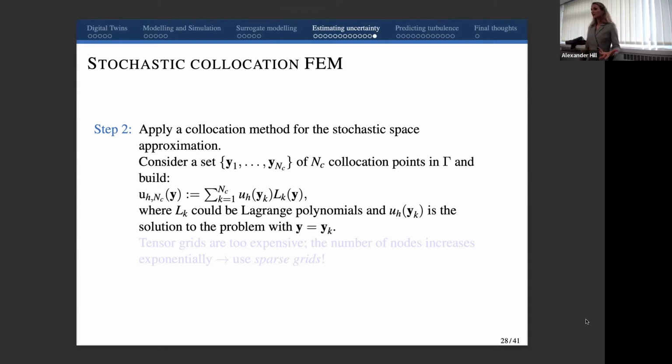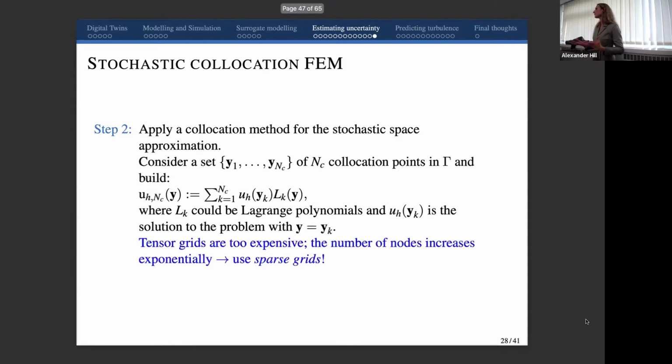And for different values of y's, we obtain the solutions that we use as coefficients that we weight our polynomials with. And if we introduce that into our solver with only a certain small number of runs, we can actually have quite a good approximation how our temperature is affected by the fact that it might be traveling through a material that can have all sorts of different conductivities with only a finite number of executions of the solver.